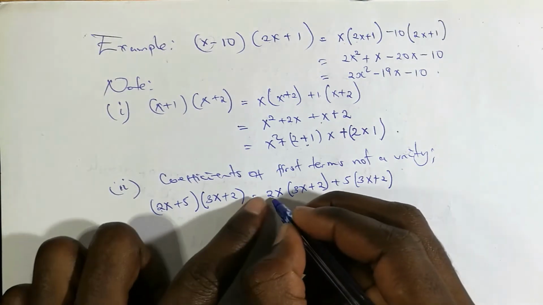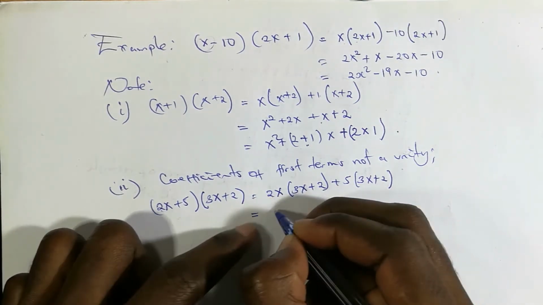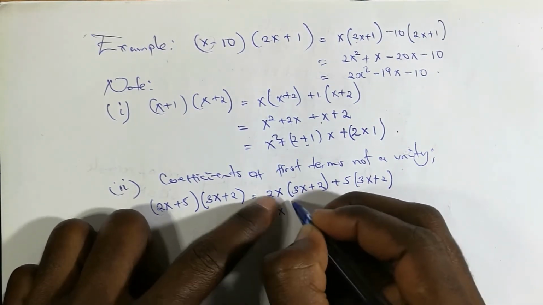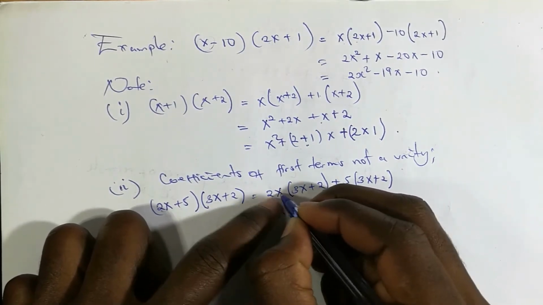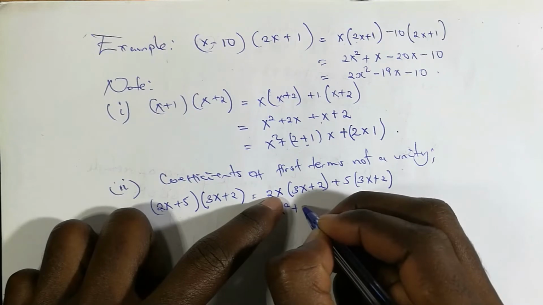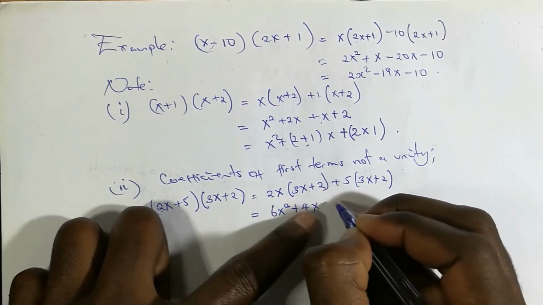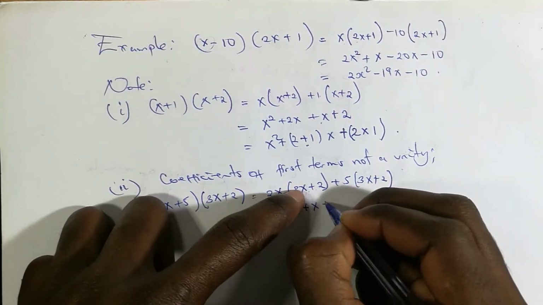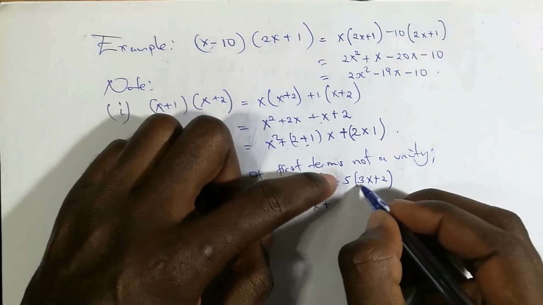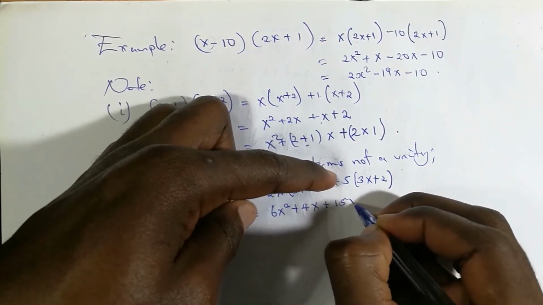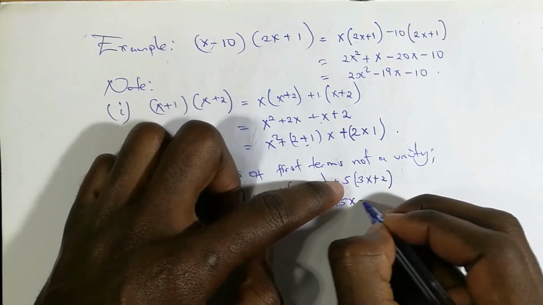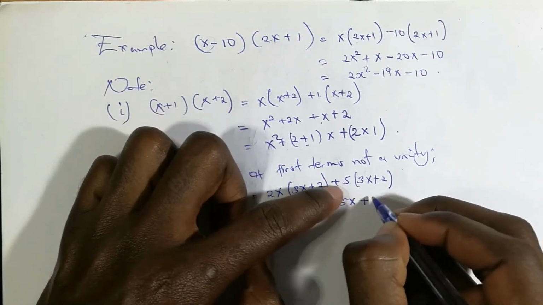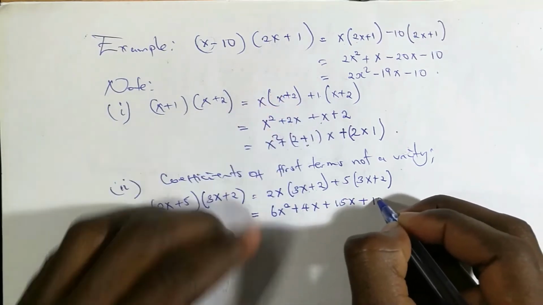Here 2 times 3 is 6, which has x, so we have 6x times x giving x squared, plus here 2x times 2 giving 4x, then plus, going to this side now, 5 times 3x, which is 15x, then plus 5 times 2, which is 10.